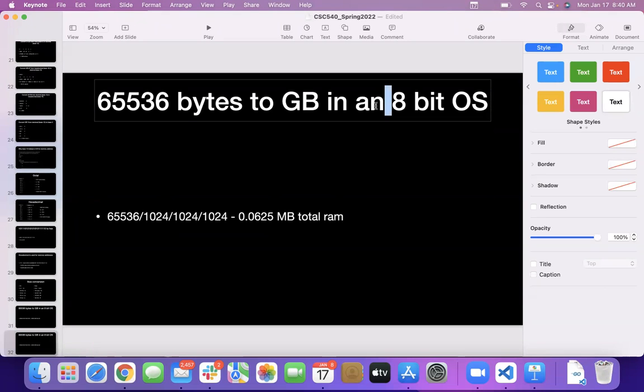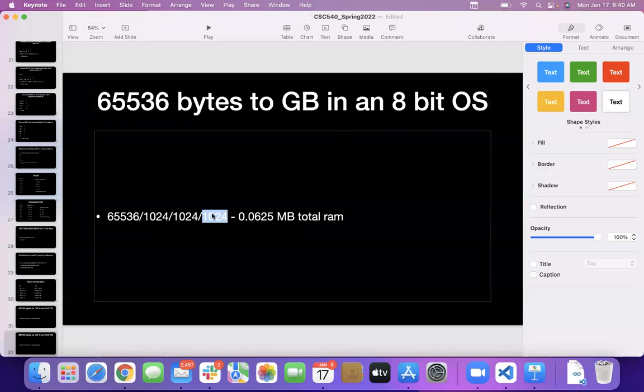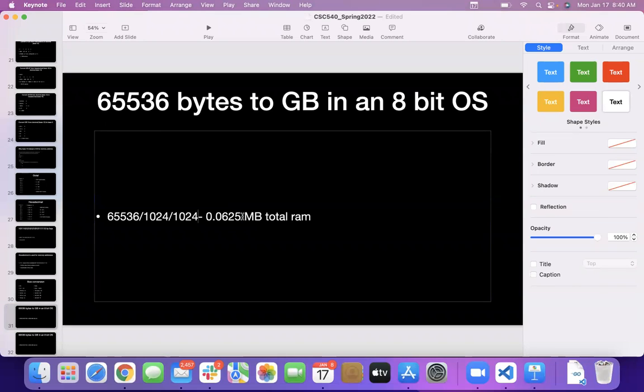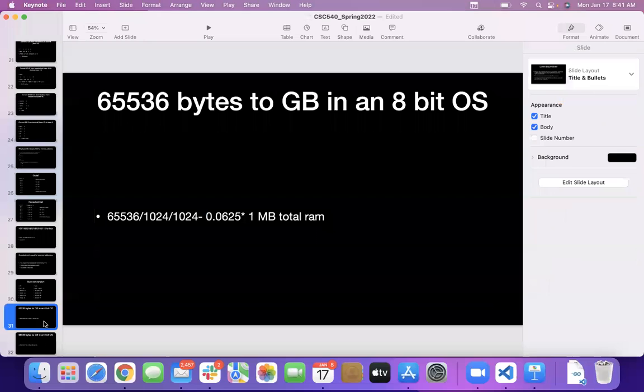And we have to remove one 1024 from the left side, because we are converting it to megabytes. Yes, this is bytes, kilobytes, megabytes. Times 1, because we are choosing 1 byte for those.